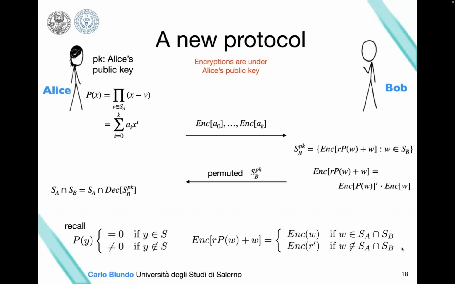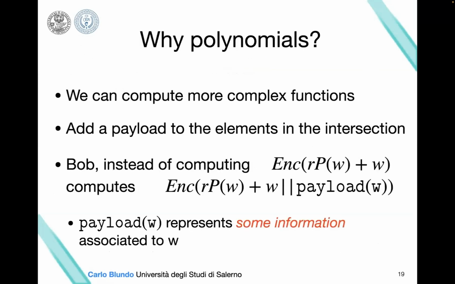Or if W does not belong to the intersection, the polynomial evaluated in W will be a nonzero value, times a random value is a random value, plus W is still a random value. So Alice will get garbage. Decrypting these values, she will get either elements in the intersection or completely random values.